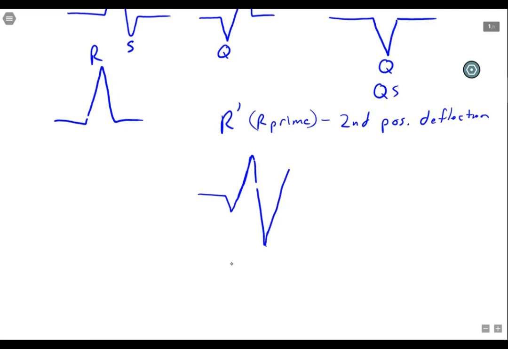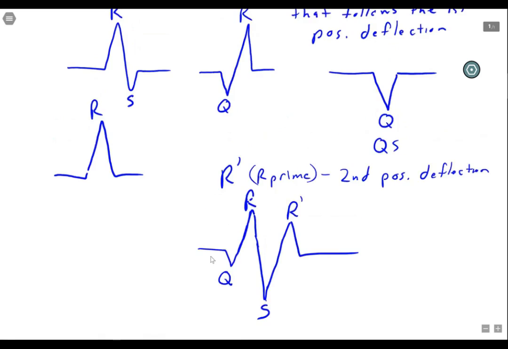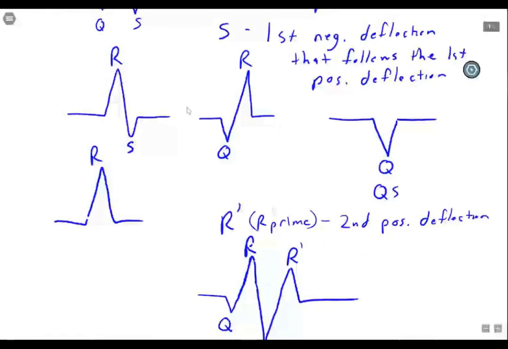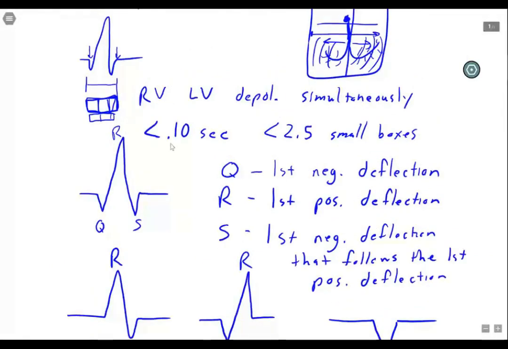So in this scenario, if this was your QRS complex, your first negative deflection is a Q, your first positive deflection is an R, your first negative deflection to follow the positive is an S, and then your second positive deflection is an R prime. So there may be occasions where that happens. So that's the QRS complex, right? Regardless of its formation and how it looks, it should be less than 2.5 small boxes, or 0.10 seconds.